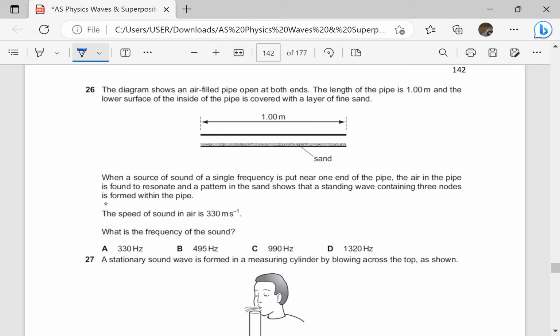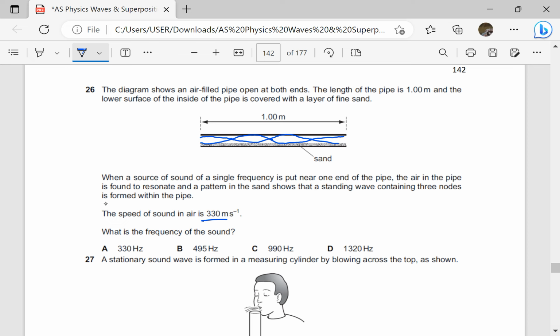So let's have 3 nodes in the pipe. Of course, we can't have a node at the open end. So I'll have here 1, here 2, 3. That means if I was to trace in a wave, I would do something like this. The speed of sound in air is 330 meters per second. What is the frequency?